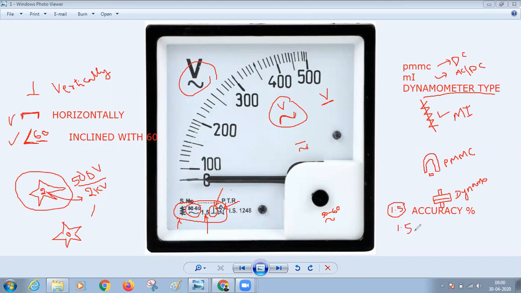In such a case, the meter has an error of 1.5% with respect to the maximum of the minimum reading and maximum reading, or full scale reading.